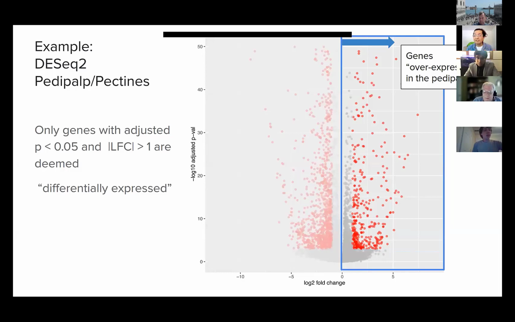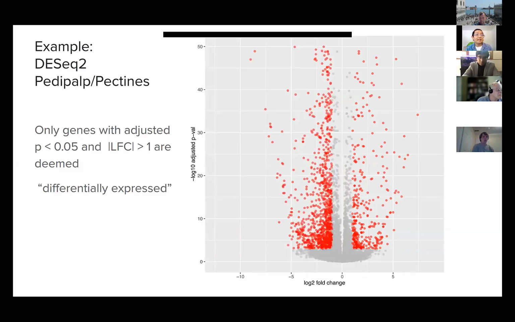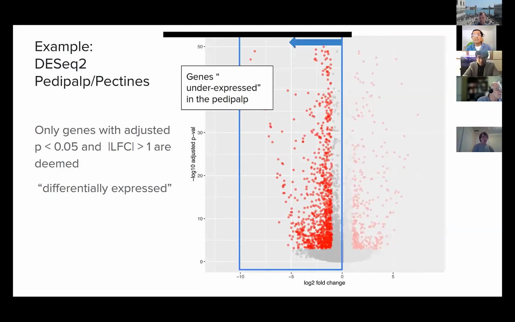And also this graph allows us to see the direction of the differential gene expression. Those genes that are at the right side of the graph here are genes that are overexpressed, in this case in the pedipalp, and those genes in the negative part of the graph are genes that are underexpressed in the pedipalp and with higher expression in the pectin.